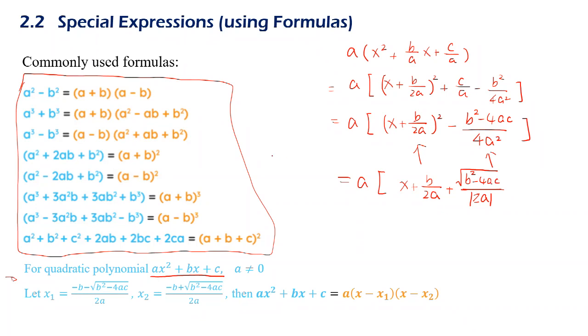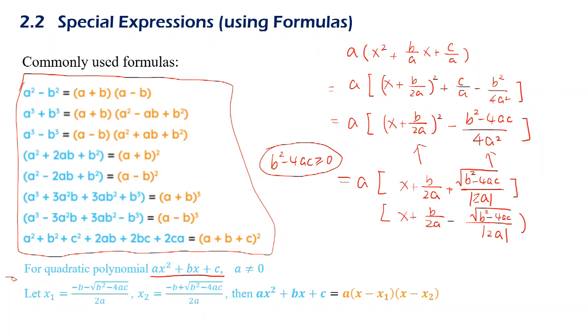Note that here b squared minus 4ac must be non-negative, right? If it is negative, it cannot be factored in the real number set, right? And the next term would be x plus b over 2a minus the square root of b squared minus 4ac over 2a, right?